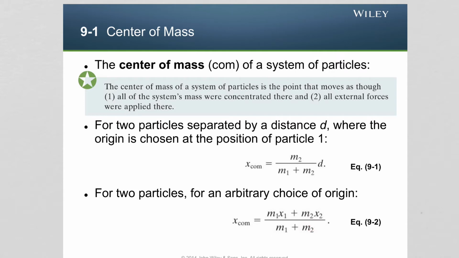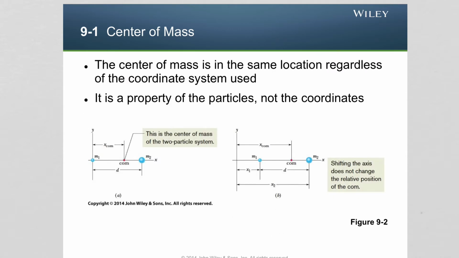Now let's substitute some numbers in those two expressions and let's see what the results are. Let's take the two masses to be related as 2 times m1 is equal to m2, and for simplicity, let's replace m1 with m.